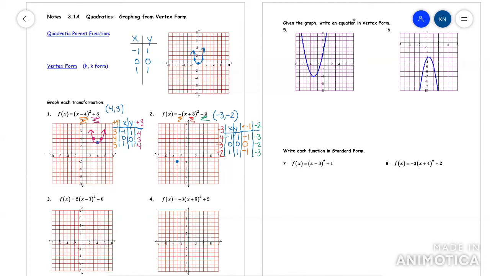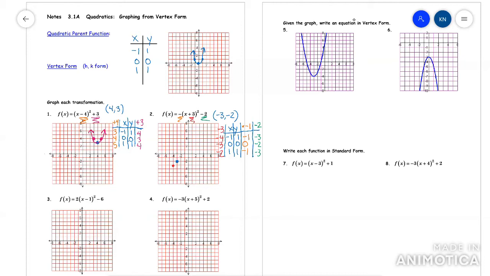And when you graph it, just make sure to use the outermost numbers as your xy coordinates. So from this vertex, which was at -3, -2, I now have a point at -4, -3. Then, of course, -3, -2 is the vertex.